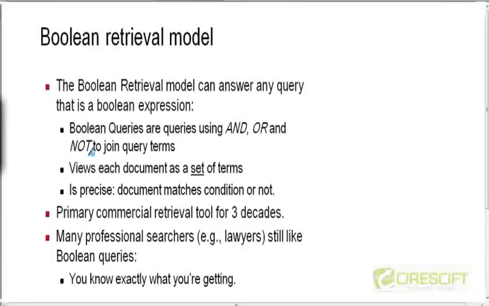This is not how most people type queries into Google. Even though if you look at the advanced search tab, Google does provide you the option of using Boolean operators.